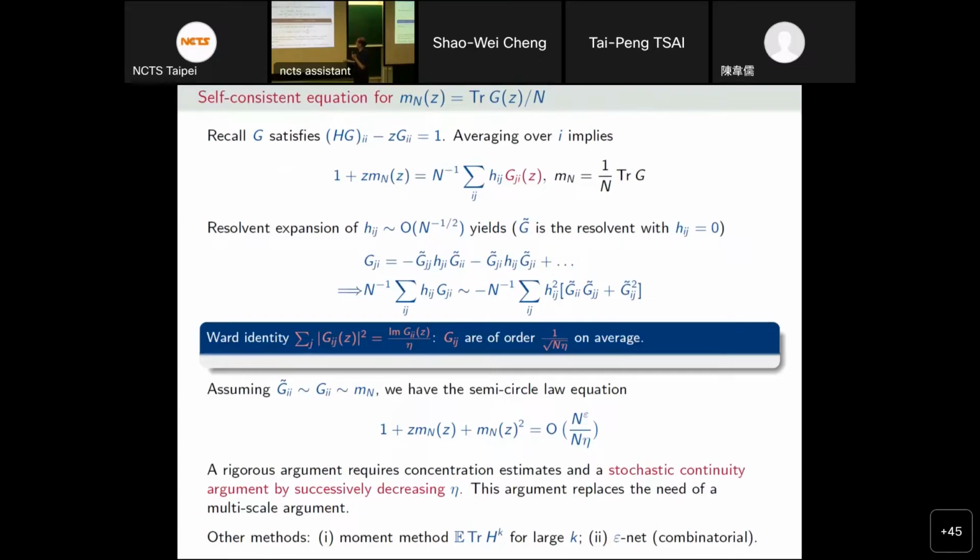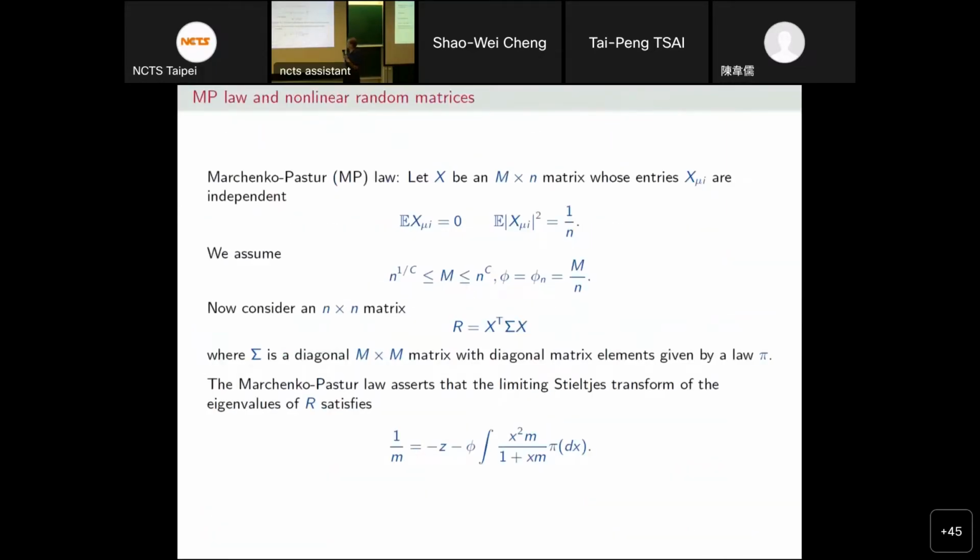Now I want to say more about the Marchenko-Pastur law, which, if you go to any statistics textbook, is almost everywhere. By the way, this is from Marchenko and Pastur. I also don't understand why they looked at this problem, but Wigner was studying Wigner matrices, and Pastur had an idea.